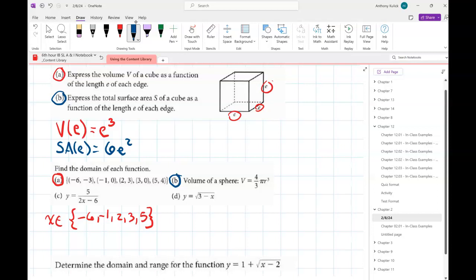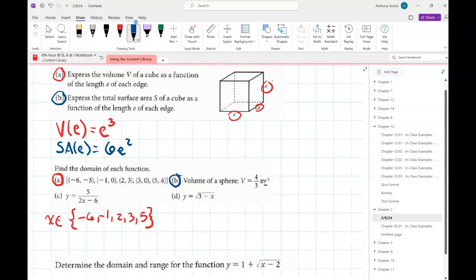All right, so if I look at B, the independent variable is the r, right? R is representing what real world quantity? A radius. How do we measure a radius? What kind of units? Meters. Yeah, it's a length, right?